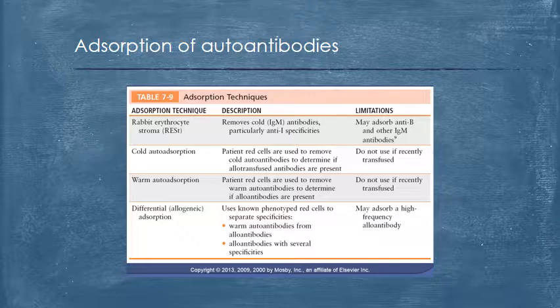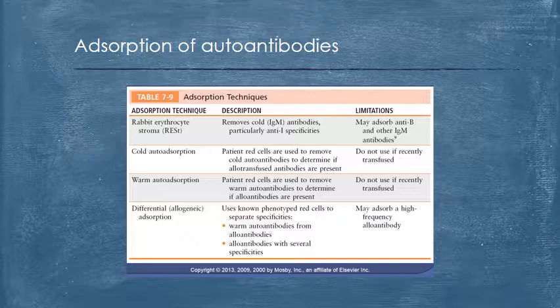Okay. The key thing there is if the patient has been recently transfused, you have multiple populations of red cells. So you can't use this technique if you've got more than one population of red cell in there. You don't just have the patient's red cell, okay? And we don't want to remove an antibody that's directed against the donor red cell that they already received. We would want to be able to detect that, okay?